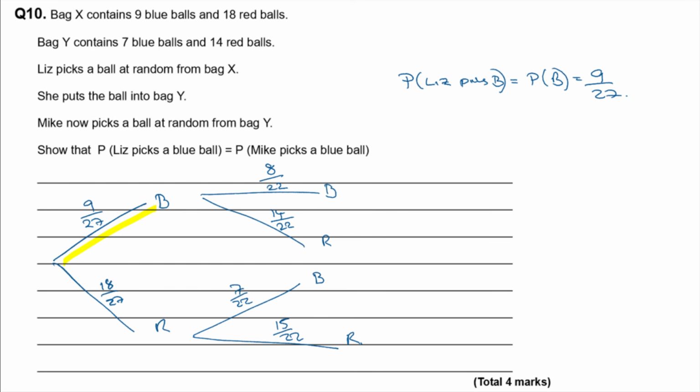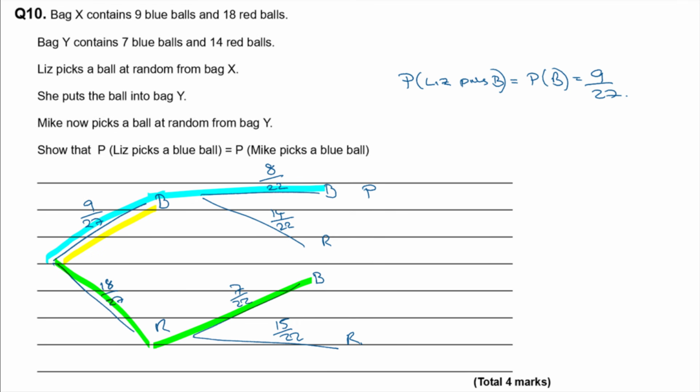Okay, now the probability that Mike picks blue. He could pick blue after Liz has picked blue, or he could pick blue after Liz picks red. He could do either of those two routes.